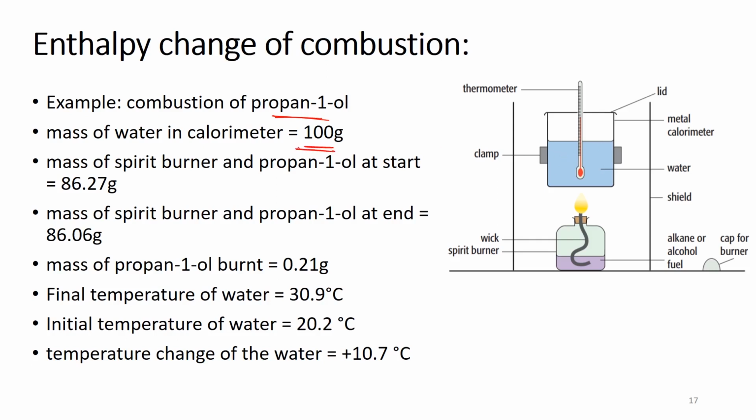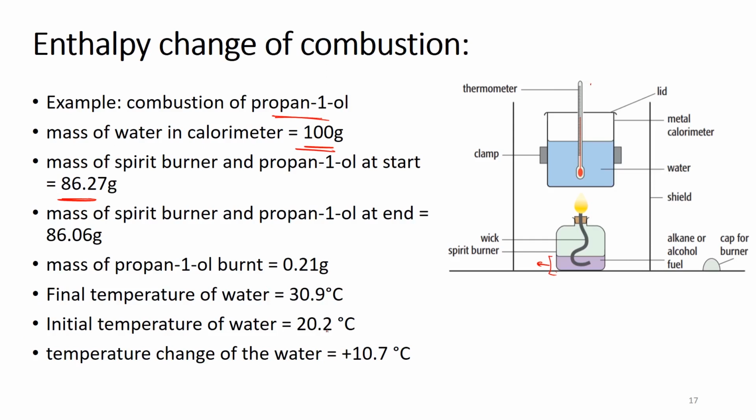Let's say we started with 100 grams. And we also need to know the mass of my propanol. Let's say we started the reaction and the mass of the propanol was equal to 86.27 grams. And we will measure the initial temperature of my reaction and the final temperature.